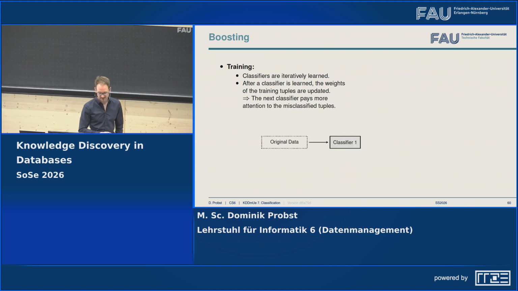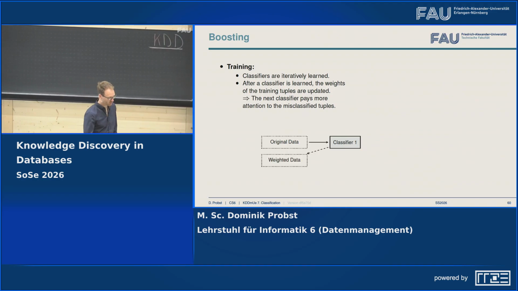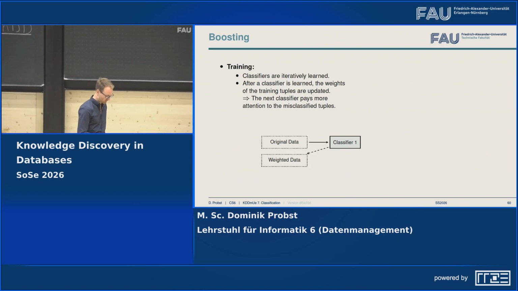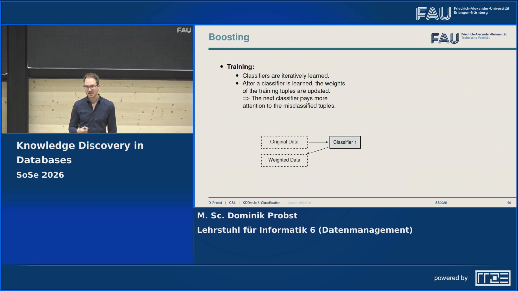So we have some original data. This original data is fed into one classifier. The classifier is trained on that original data, and then is tested against the test data set. In the test data set, we might see that some tuples are misclassified. These misclassified tuples are then put into the original data set with a higher weight, for example, by duplicating them or by doing any other weighing process.